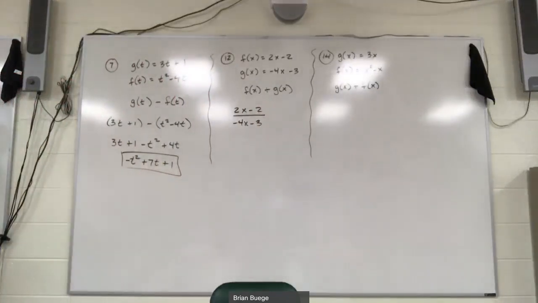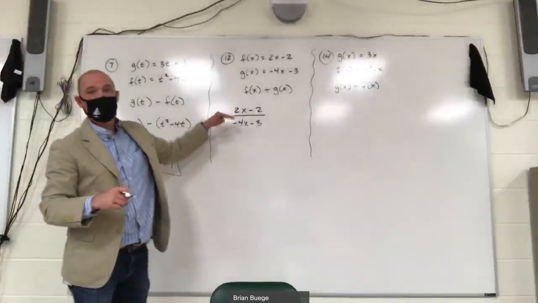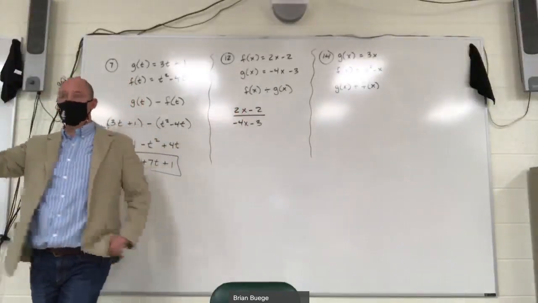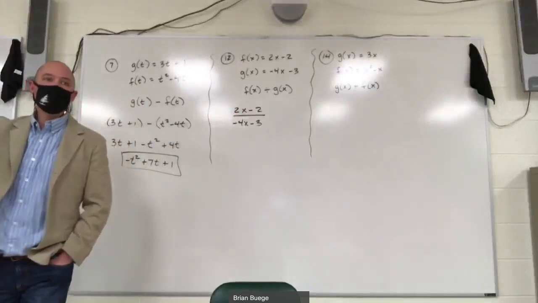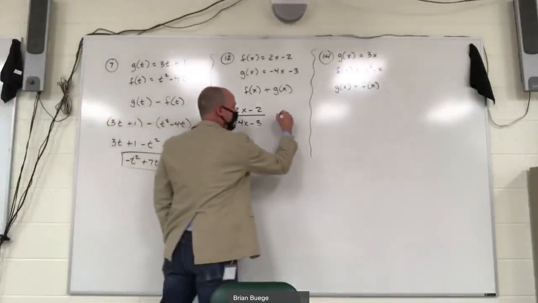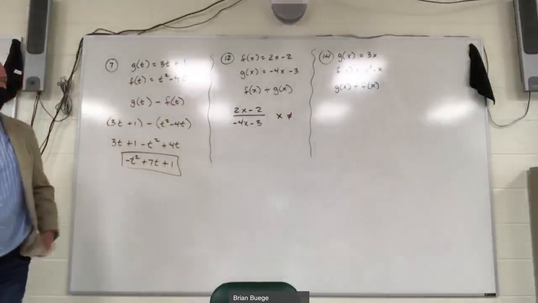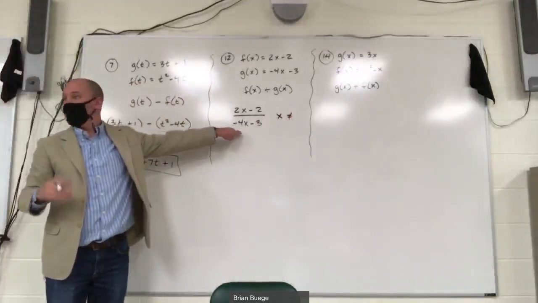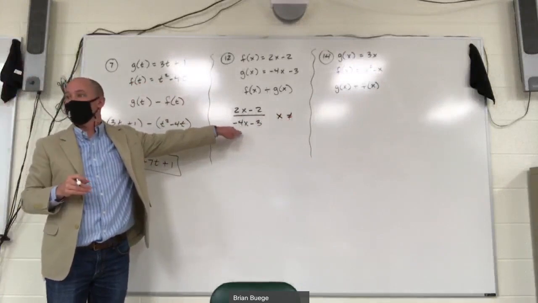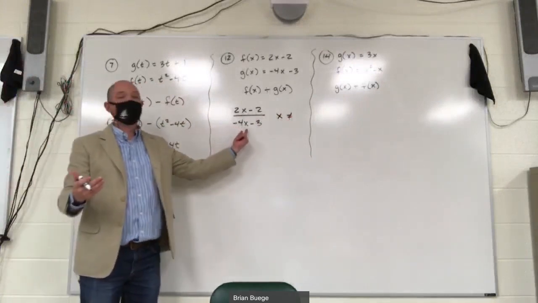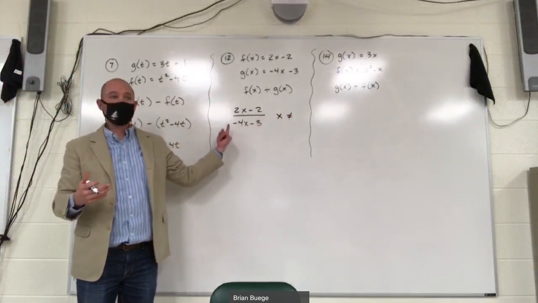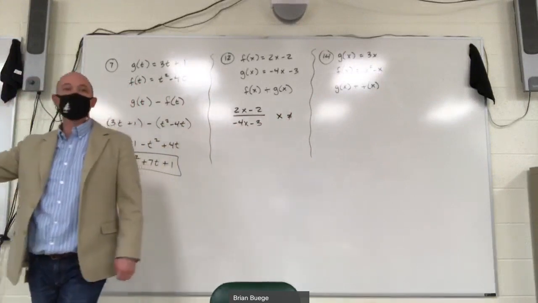There's no simplifying. However, remember, one of the things we said was when you have a fraction, you have to consider that you've got to limit the domain a little bit. Remember there's some values where x cannot equal something. If you remember back to the other day, we said the denominator, you cannot divide by 0. So the question is, what value of x would make the denominator equal to 0? We want to eliminate that value.